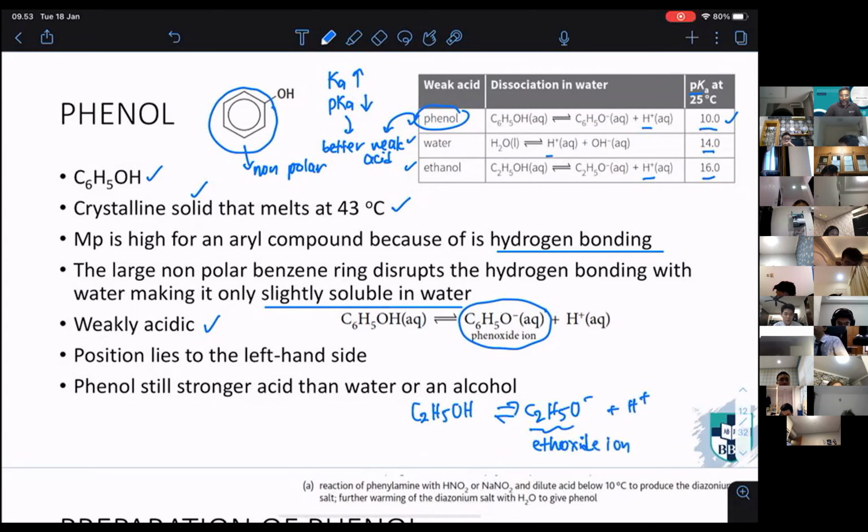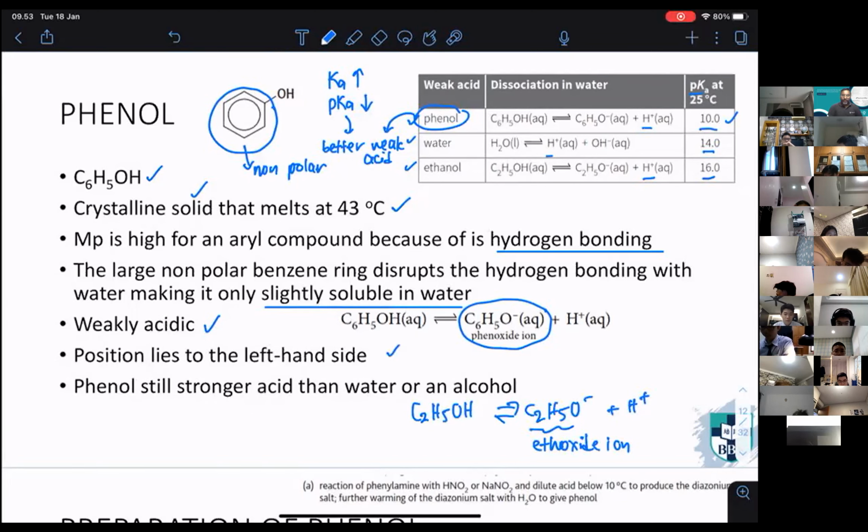So phenoxide ion, ethoxide ion. The position of equilibrium lies to the left-hand side. Generally, not only phenol, all of these lie on the left-hand side, because they are partially dissociating. So phenol, water, and ethanol tend to exist in undissociated form.